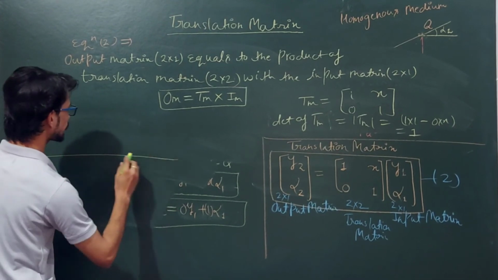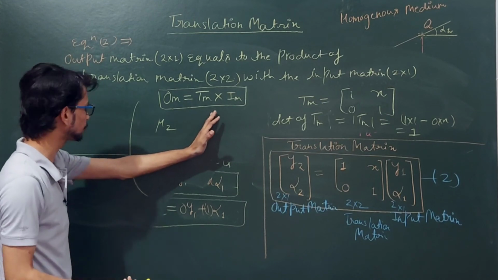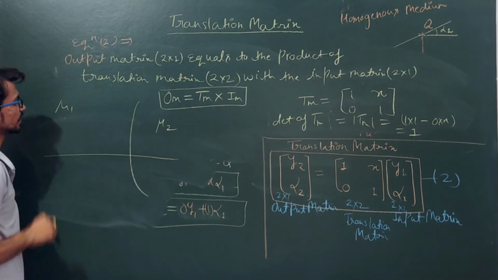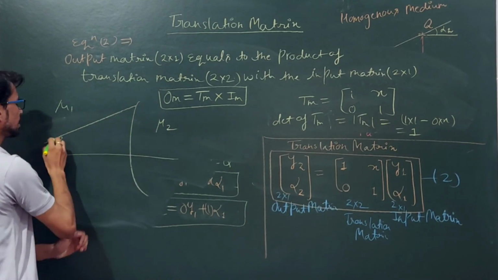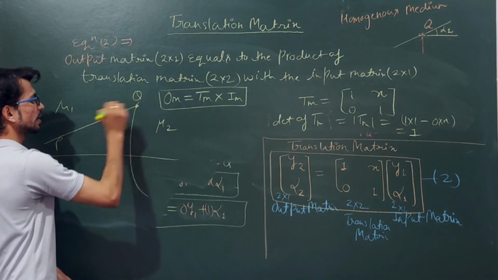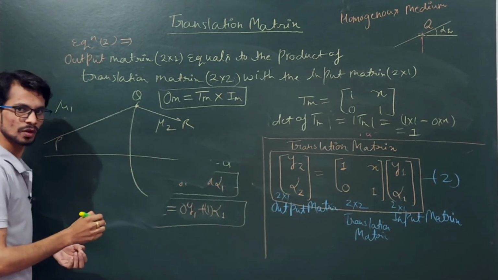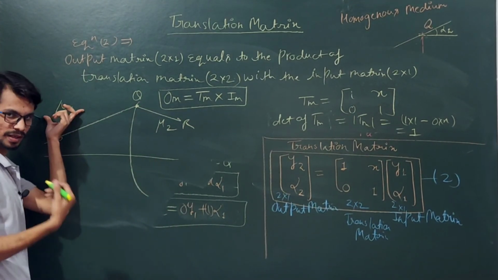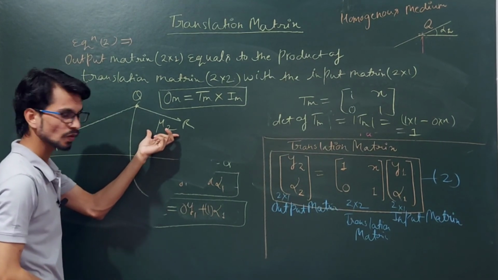Let's say this is the principal axis, this is a medium having refractive index mu2, and this is a medium having refractive index mu1. Let's say this ray is coming from some point P, falling at this point Q and deviated towards this R. So this is a medium having refractive index mu1, and this is a medium having refractive index mu2.